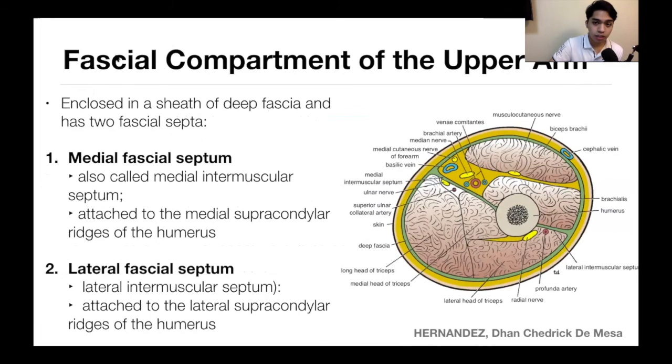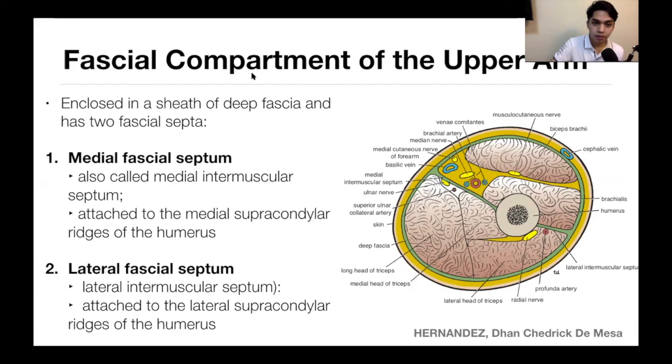The fascial compartment of the upper arm is enclosed in a sheath of deep fascia and has two fascial septa. What do we mean by septa? To reiterate, a septum is something that separates or divides or acts as a wall to divide structures. This was also part of Ms. Cabrera's discussion earlier, but this is the illustration.